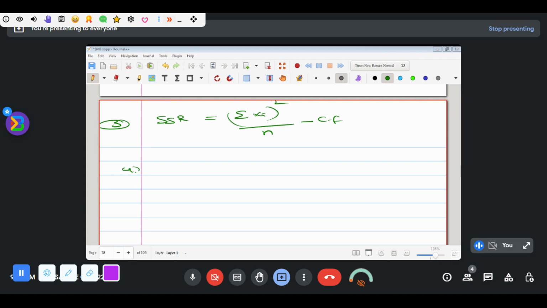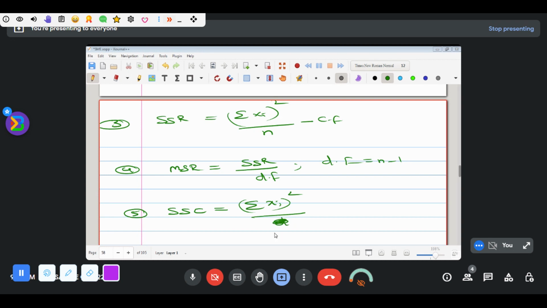And the fourth one, MSR. MSR is SSR divided by degrees of freedom. All values are the same, therefore degrees of freedom equals n minus 1. Fifth one, SSC. SSC is summation of xj squared, whole squared, divided by n only, because it is a square matrix, minus corrected factor.